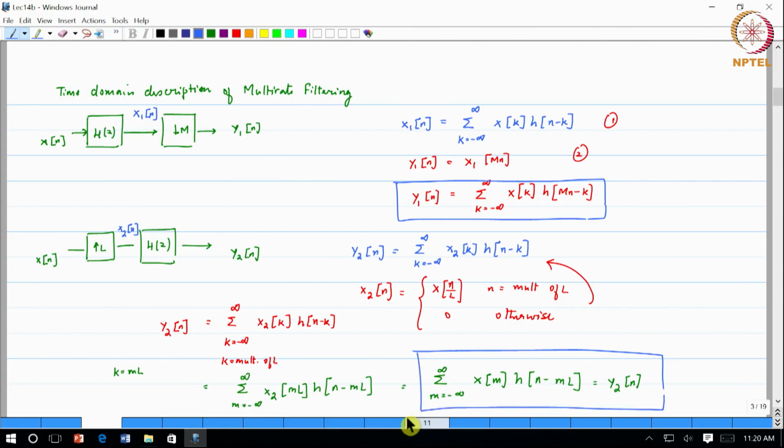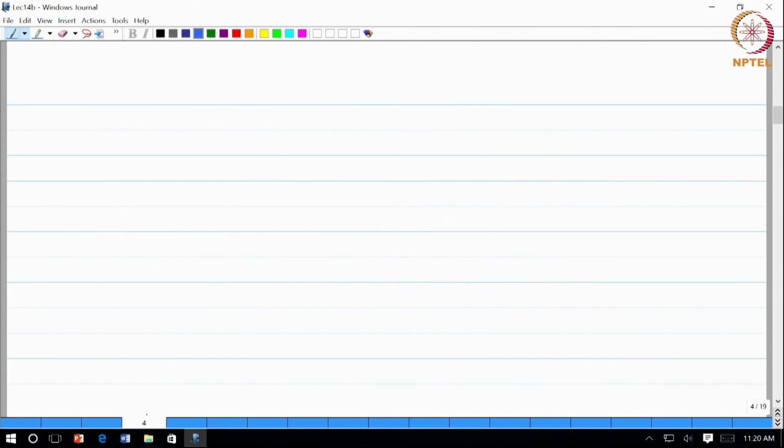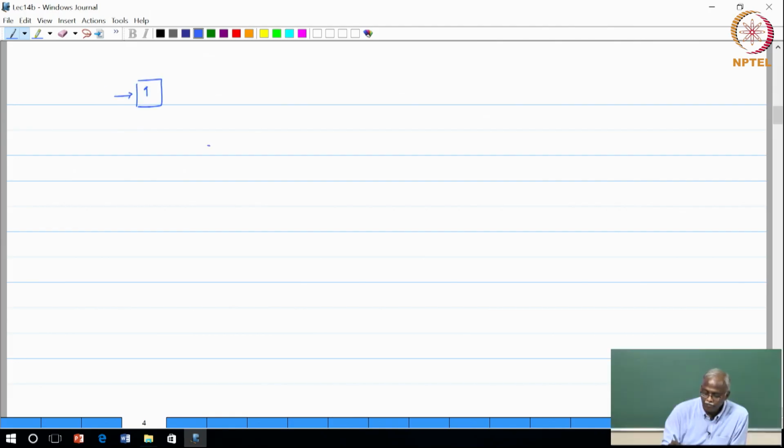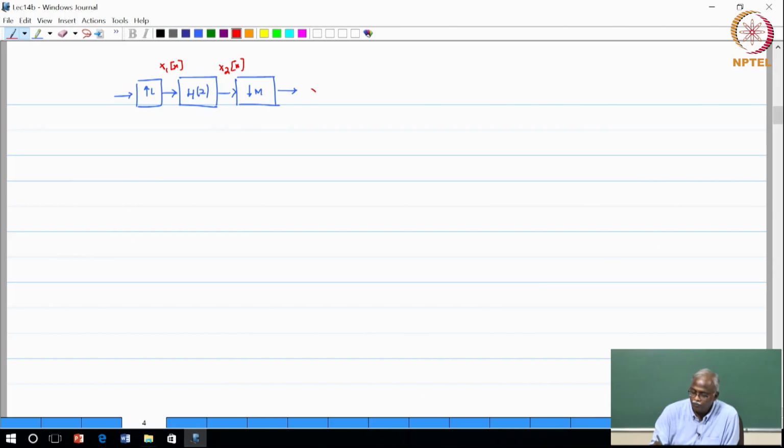Now, the third of these, which is also a useful and interesting result, is when I do a fractional sampling rate change. Upsample by a factor of L, filter by h of z, which will be an ideal low pass filter with a cutoff which is the minimum of L and M, so I am not writing down all those details, please fill them in. Then downsampling by a factor of M. So, there are two intermediate signals, x1 of n and x2 of n, the output is y of n, and the input is x of n.